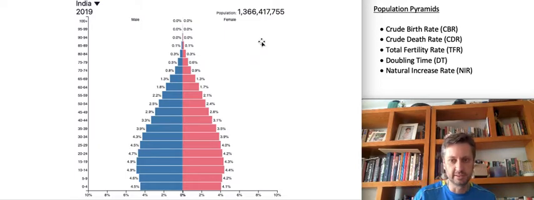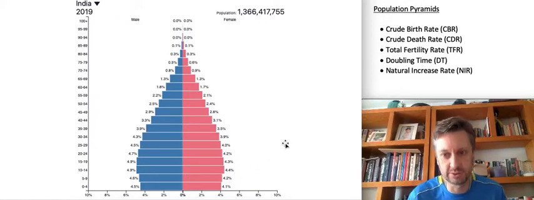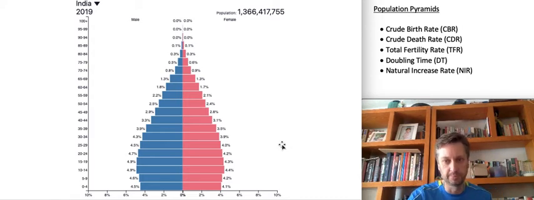Okay, this is India. India is classed as another LEDC. In some ways it's a similar shape, sloping sides, but you can see here a big difference is that you don't have that very high base that we saw in Ethiopia. That's suggestive of a lower crude birth rate and probably a lower total fertility rate.